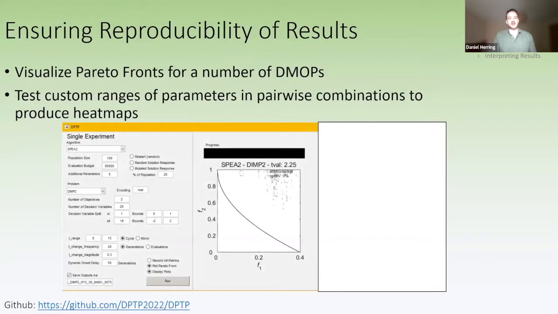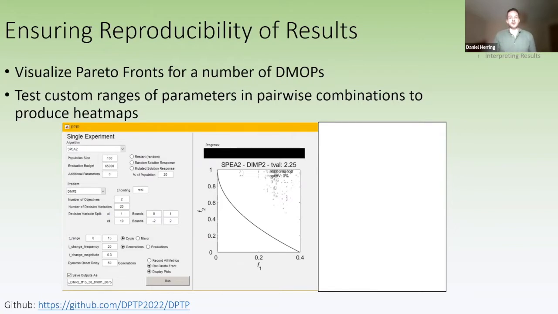These experiments were carried out using the specially constructed DPTP, or Dynamic Parameter Testing Platform, for which the GitHub page is shown on the screen. Inspired by the existing PlatEMO platform for static multi-objective problems, here we can apply algorithms and variants I mentioned previously to dynamic benchmarks with a variety of parameter settings.